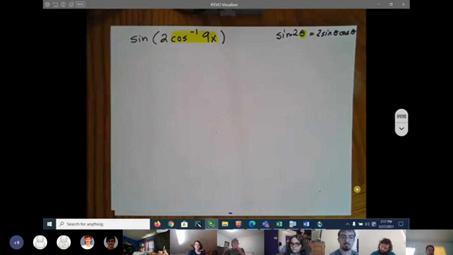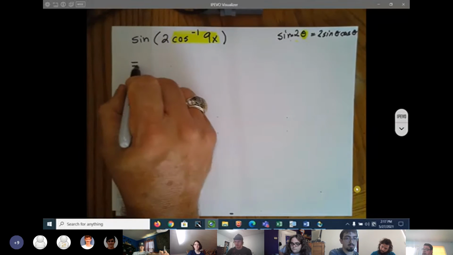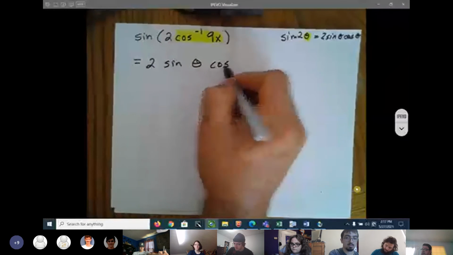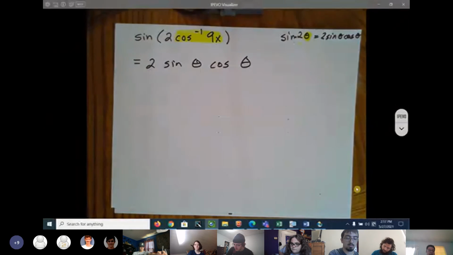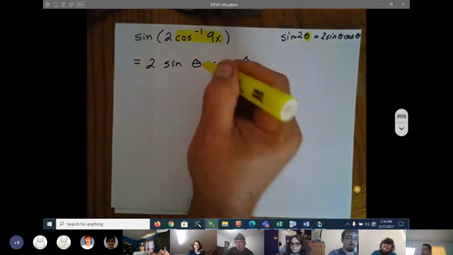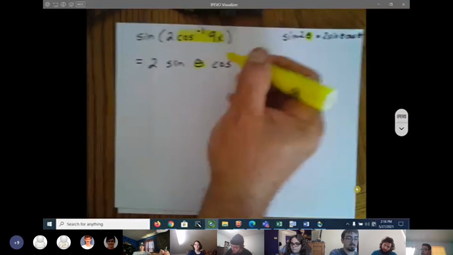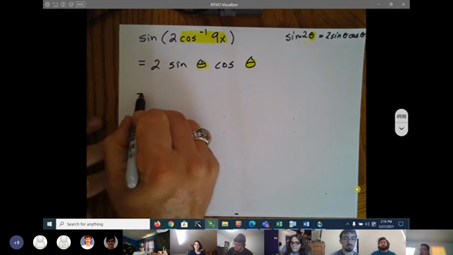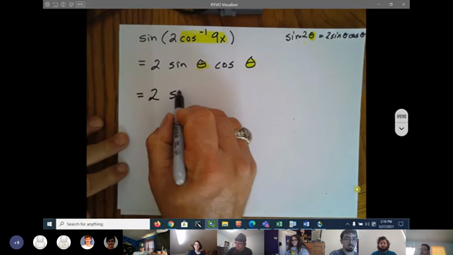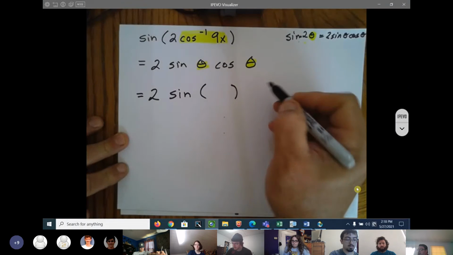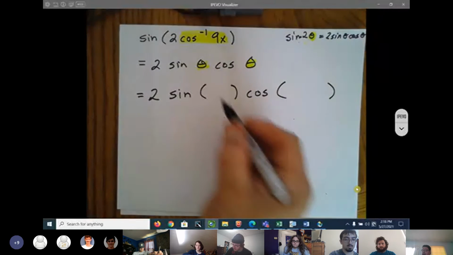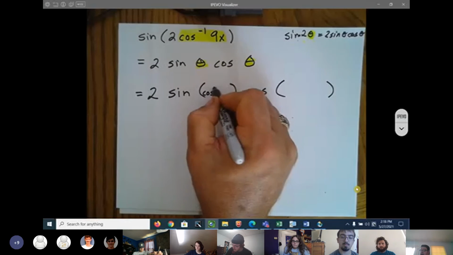So that's going to give me 2 sine theta cosine theta. And my theta is equal to that arc cosine. So I'm going to put that in now. 2 sine parentheses times cosine parentheses. And you put in arc cosine of 9x.